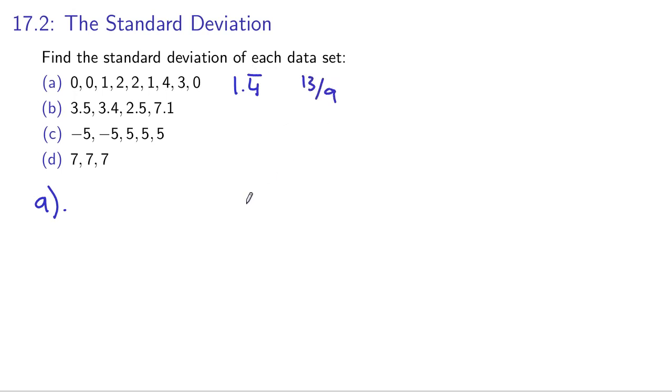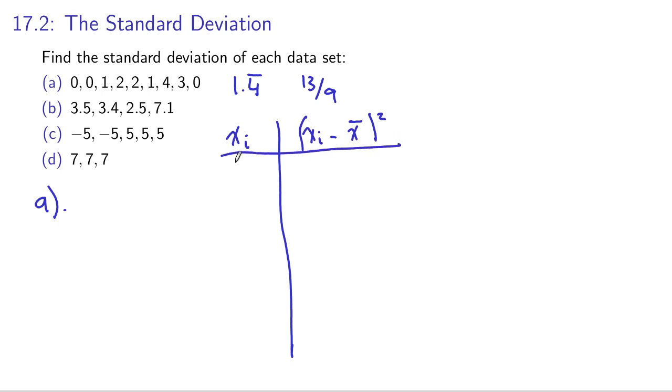Okay, so to find standard deviation, we need to subtract each of these values from here to find the deviation. So start with our data values. We'll call them the x sub i. Okay, then we'll have subtracted from the mean and squared. Okay, and then we can sum them up at the end.